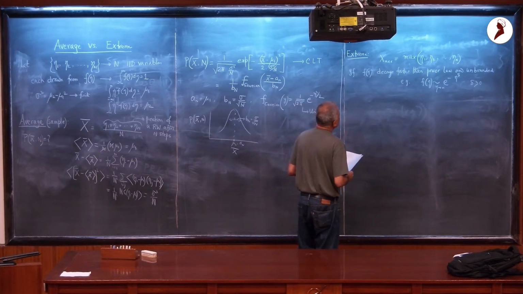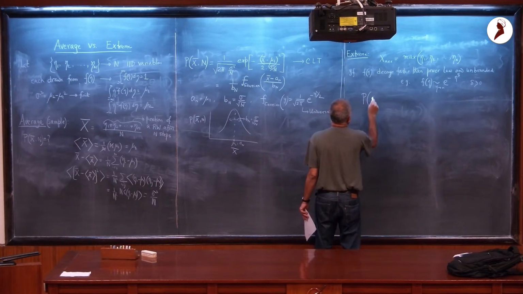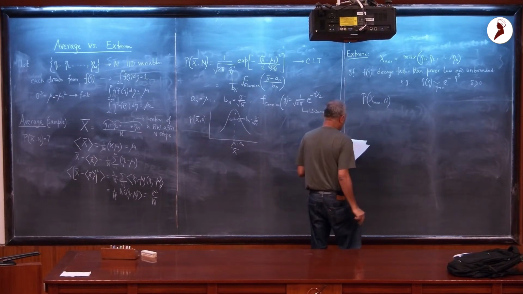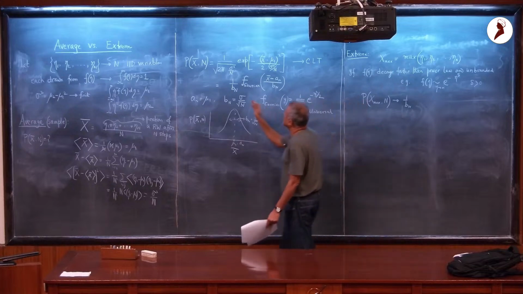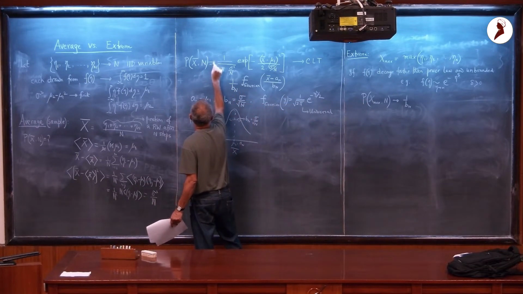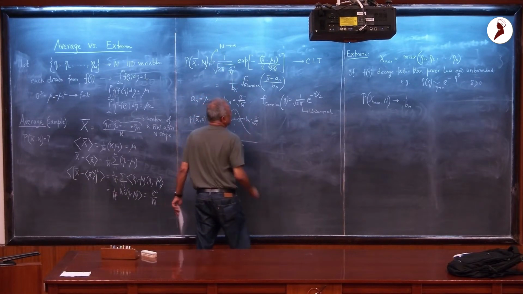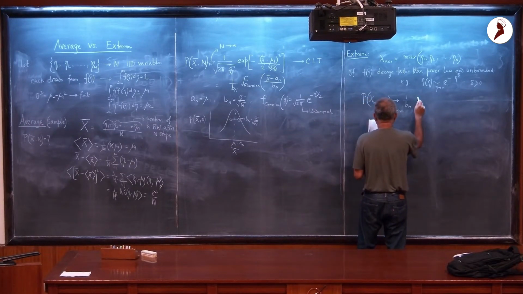So if f of eta decays faster than these things, then what we show is that p of x max comma n, the PDF of the maximum, also has a similar scaling form as the average, namely for the large n limit. It goes into this form, which I call the Gumbel distribution.